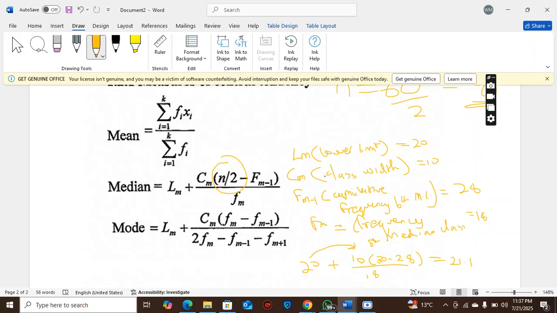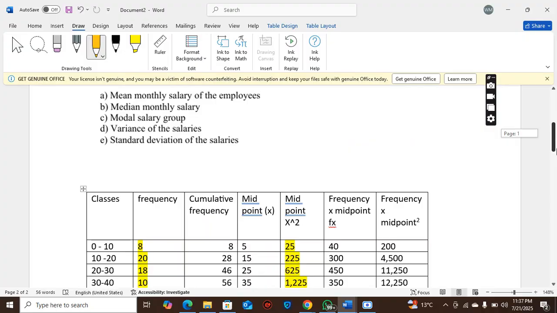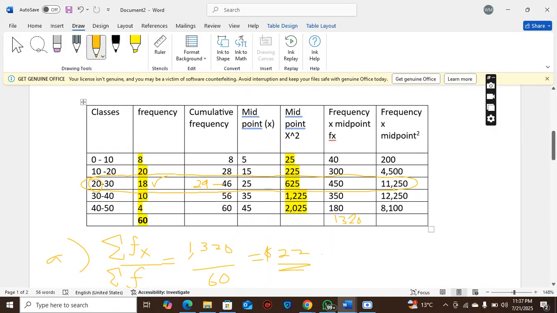So for the mode, how would you find the modal class? Correct, sir. The modal class has the highest frequency. And it's also our median class too. The class with the highest frequency is your modal class.